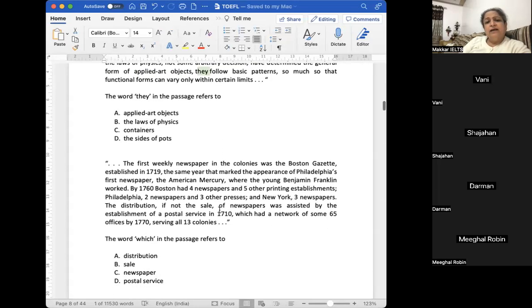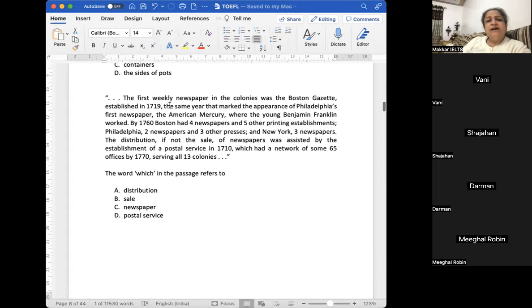Okay. Now let us read this. The first weekly newspaper in the colonies was the Boston Gazette, established in 1719, the same year that marked the appearance of Philadelphia's first newspaper, the American Mercury, where the young Benjamin Franklin worked.